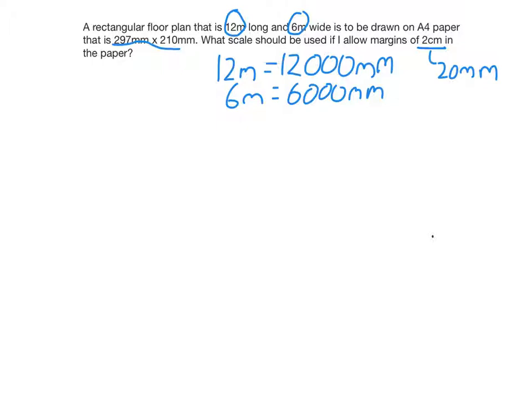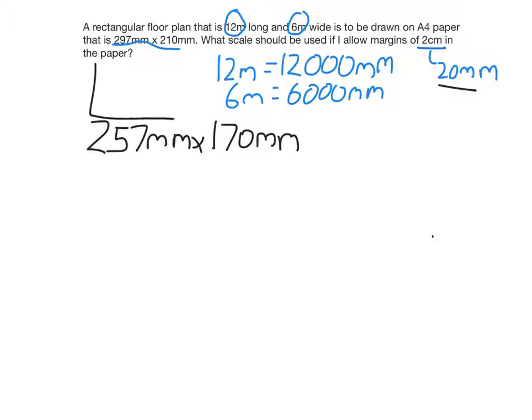So the actual space you have for drawing is only going to be 257 millimeters by 170 millimeters. So I took off 2 lots of 20 millimeters. If the paper is 297 this way, I lose 20 millimeters at the top and 20 at the bottom. That's why I took away 2 lots of 20 millimeters.